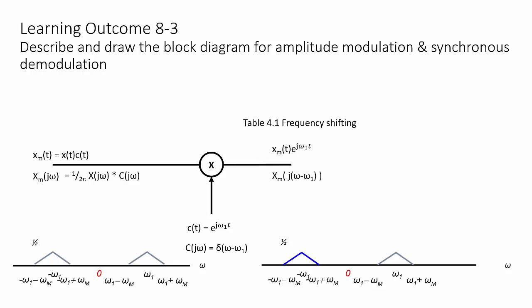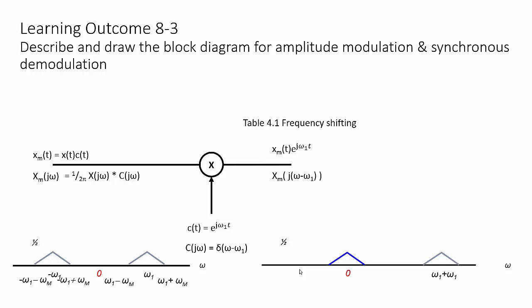And if we focus on this first spectrum component, the one on the left, after we do the frequency shifting, it shifts to the right by an amount omega 1. We now need to relabel all our frequencies. So each of these frequencies gets incremented by omega 1.